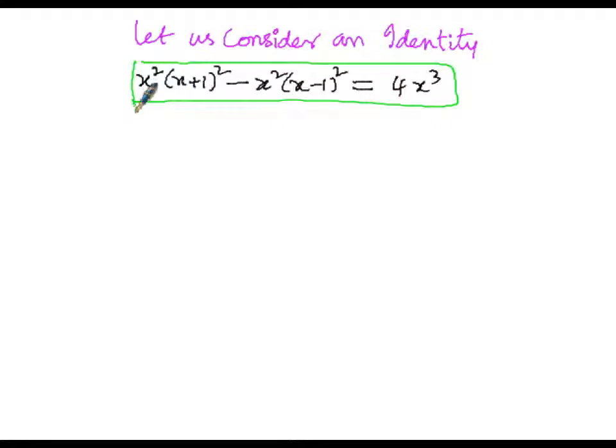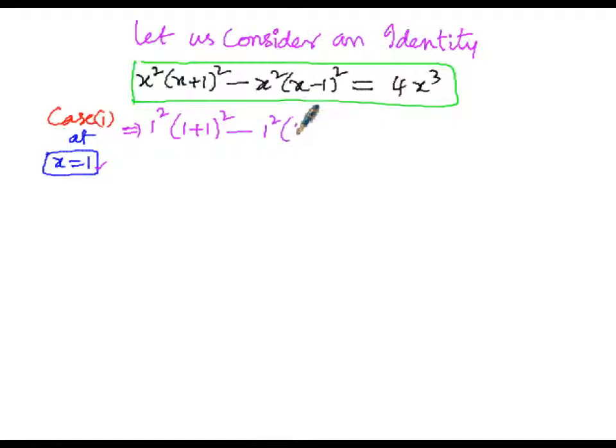Then based upon this identity, in case number 1, I want to assume x equals 1 by replacing x as 1. Then the next logical step will be 1 square into 1 plus 1 whole square minus 1 square into 1 minus 1 whole square is equal to 4 into 1 cube.